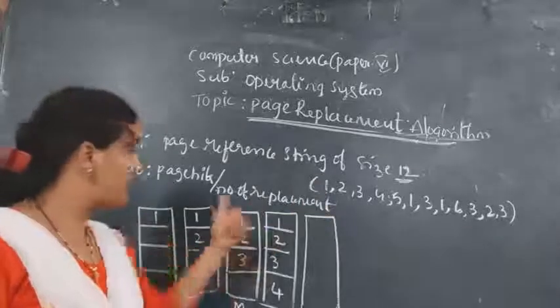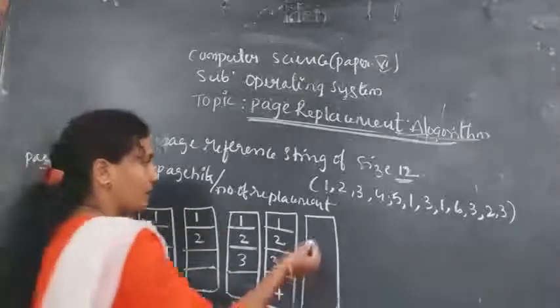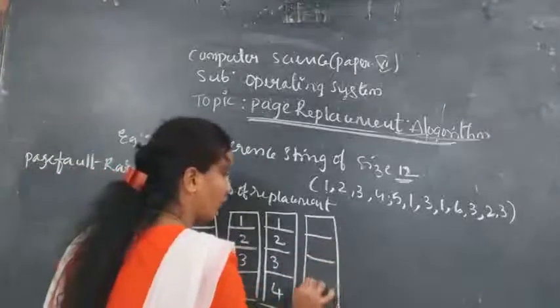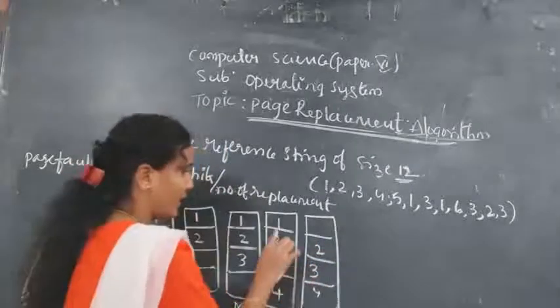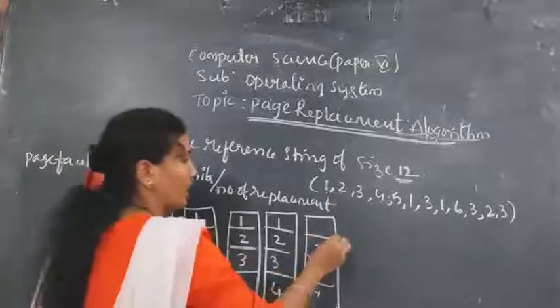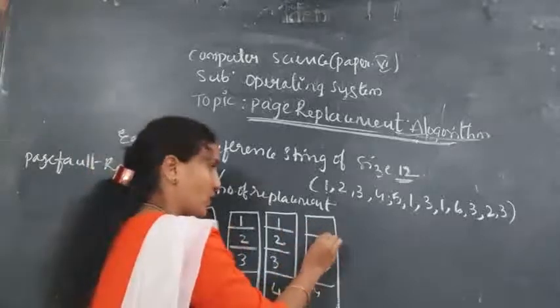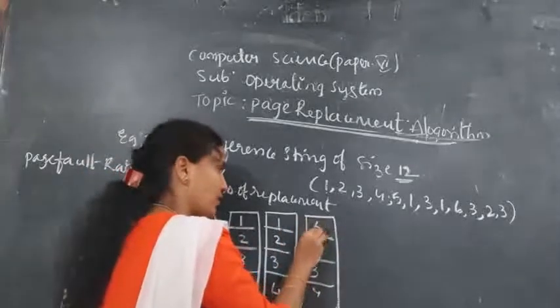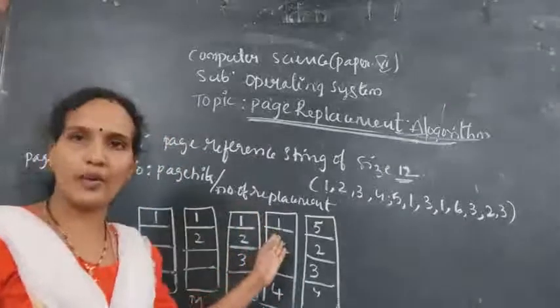Which page entered first here? 1. So that will be replaced. Now again we have 4 frames: 2, 3, 4. Here there is a page fault, a miss, for the fifth one. So page number 1 is replaced; in place of 1, 5 will be placed, because 1 is the oldest one.